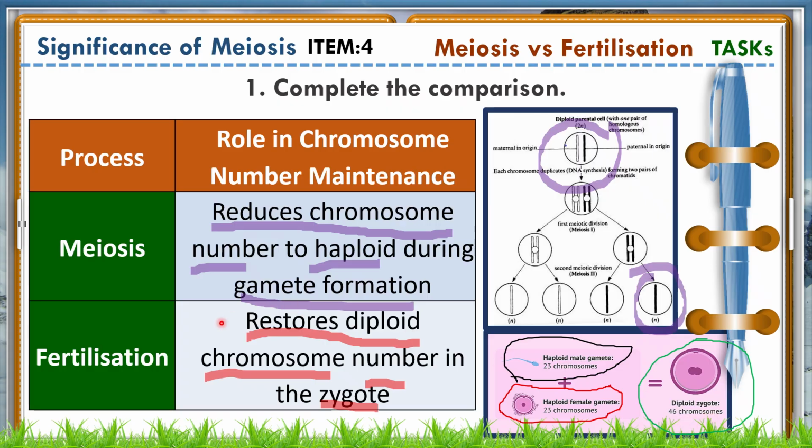So that's why we are saying that fertilization restores the diploid chromosome number in the zygote, whereas meiosis reduces the chromosome number to haploid during gamete formation. I hope you have understood that.